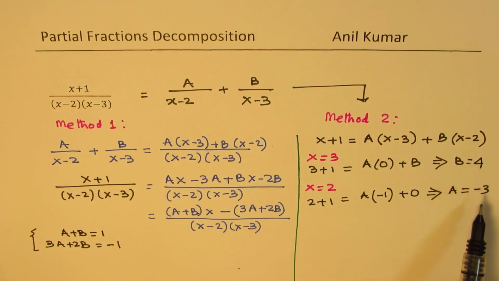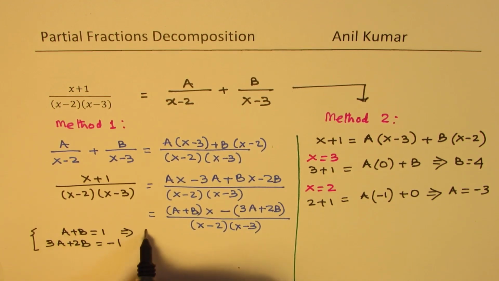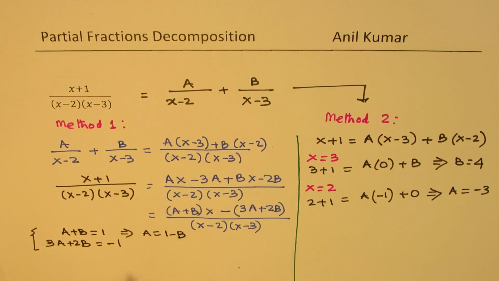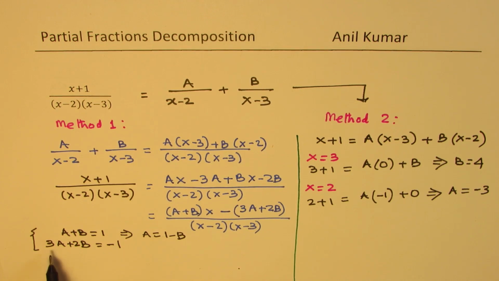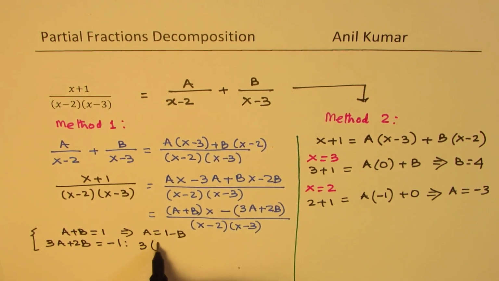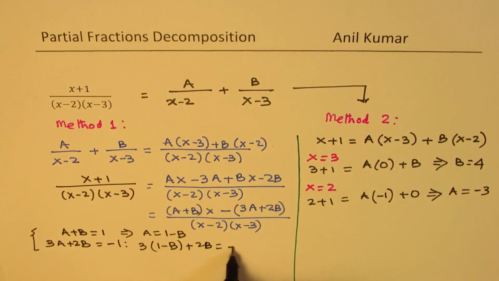Now once we get b and a value, you can actually check that it really works. You could have solved this also. So to do this, we could say from here that a equals 1 minus b, for example, which confirms, and then you can substitute the value of a in the second equation, which is 1 minus b. So 3 times 1 minus b plus 2b equals minus 1.